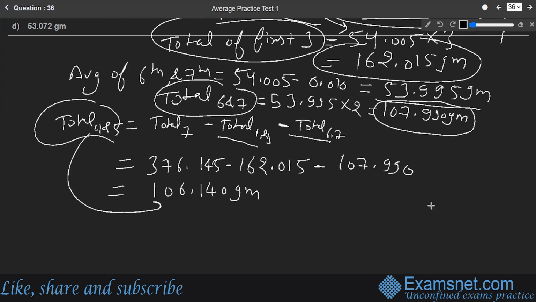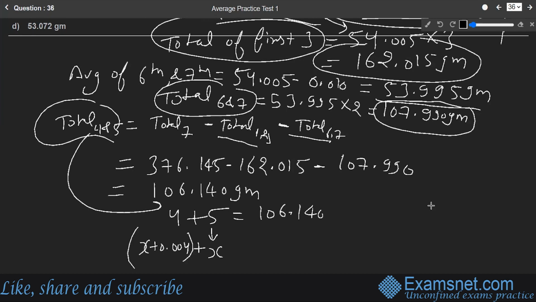Now he says the fourth is greater than the fifth by 0.004 gram. So 4 plus 5 is 106.140 gram. This is the equation. So we can say that if the fifth was x, then the fourth was x plus 0.004.